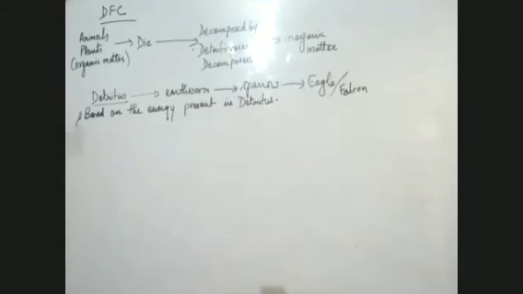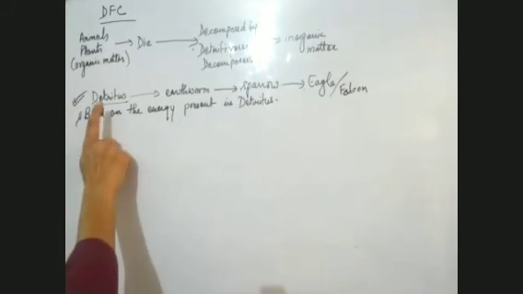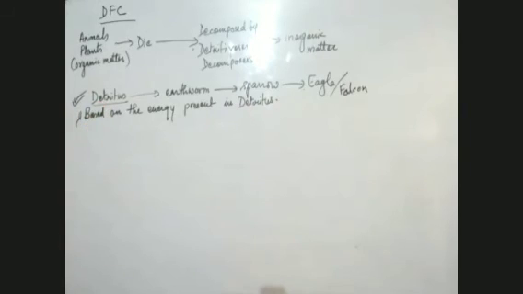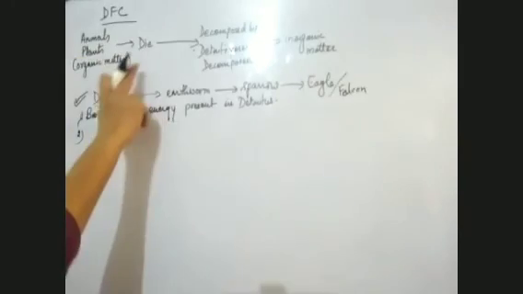Now, if you see in the detritus food chain, the first trophic level is what? The first trophic level is detritus. The first trophic level is not a producer. That means whatever dead body is, it is fed upon by detritivores.